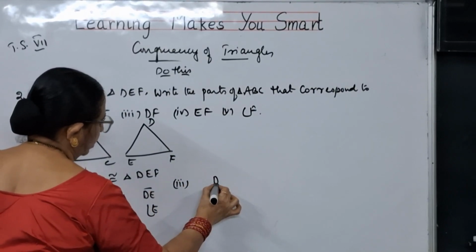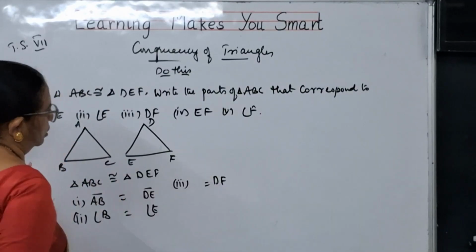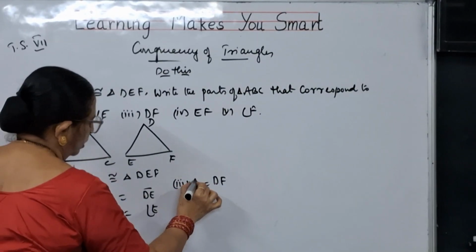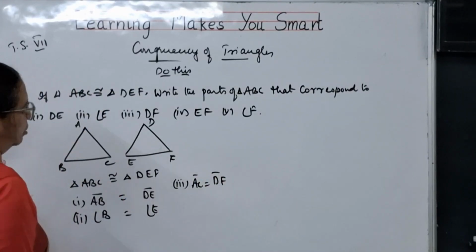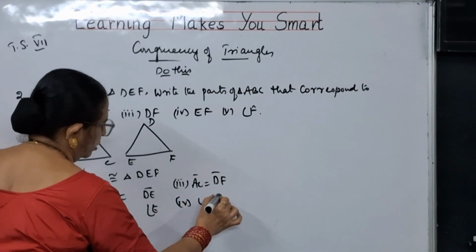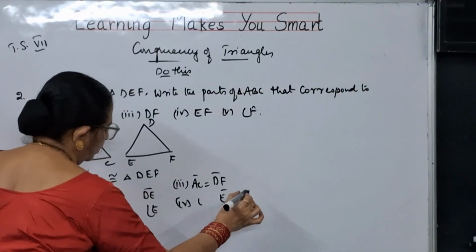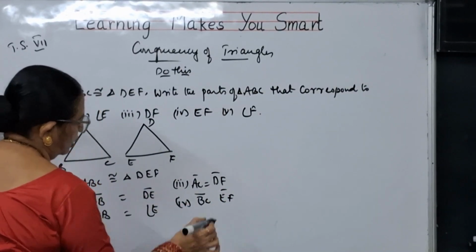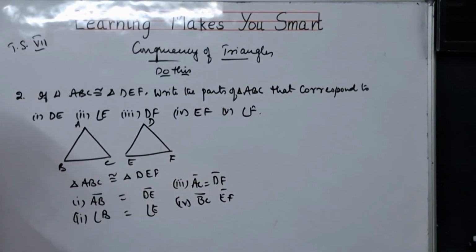And third bit, for triangle DEF, DF. DF means here you will have AC in triangle ABC. And fourth one, he is talking about EF of triangle DEF. That is nothing but BC of triangle ABC.